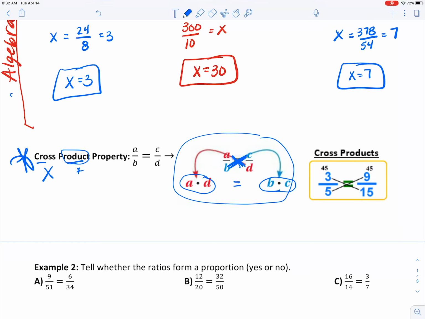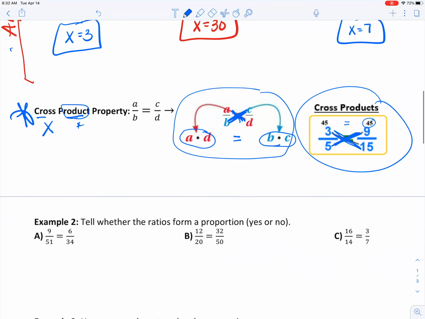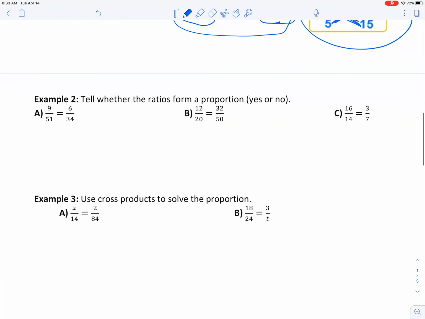So if I take B times C, that equals A times D. So here's an example. If I take 3 times 15, that's 45. That should equal 5 times 9. What is 5 times 9? Also 45. Okay, so that's showing us that the cross products are actually equal.